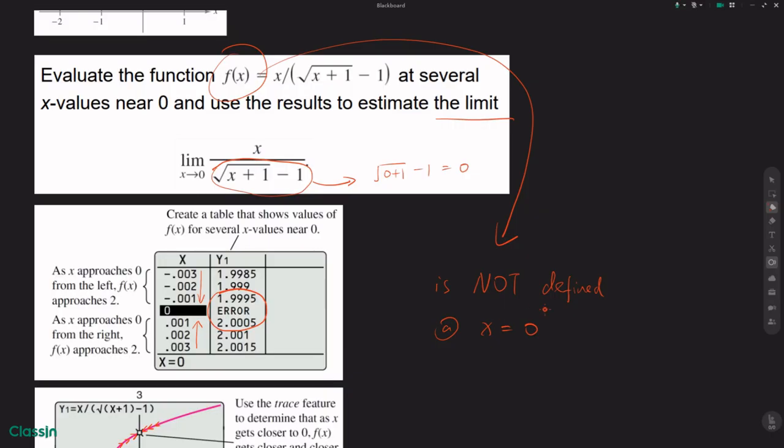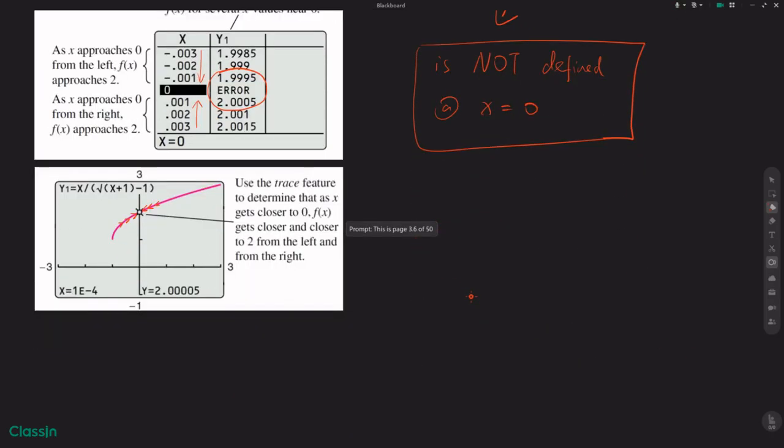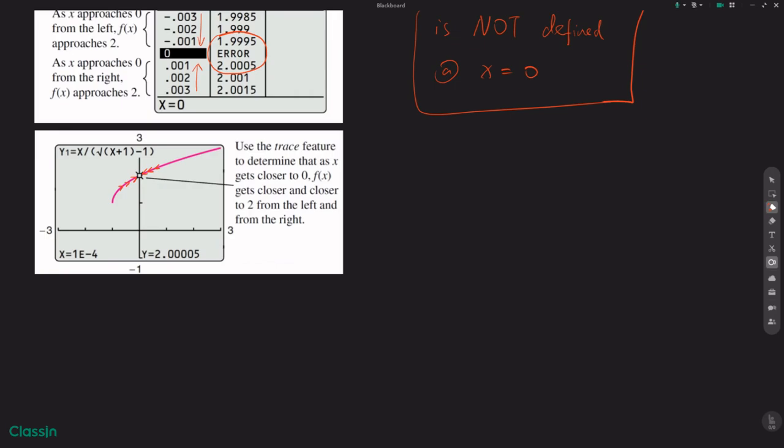Okay, so that's super important. That says a lot of things about the concept of limit. Okay. So let me ask you to seriously think about what I'm going to put on the screen in a second.